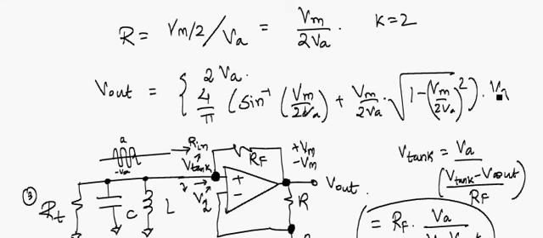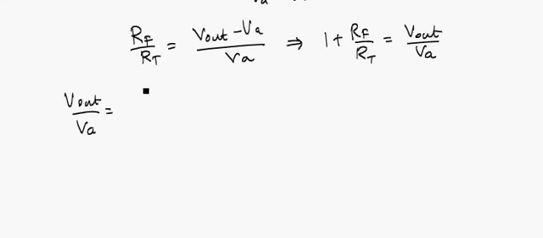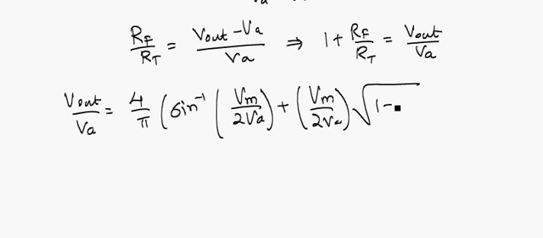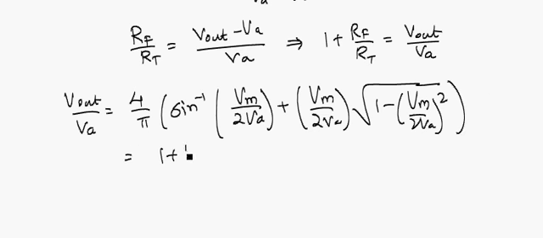My V out is equal to this whole thing times VA. So V out by VA is nothing but 4 by pi sine inverse of Vm by 2Va plus Vm by 2Va root of 1 minus Vm by 2Va squared. So that is equal to 1 plus RF by RT.